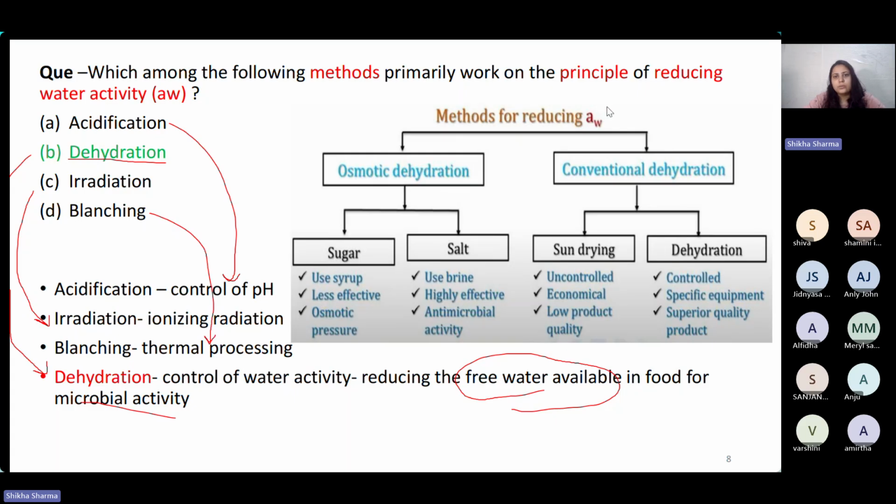There are different methods of reducing the water activity, which include dehydration of two types, osmotic and conventional. Conventional dehydration includes sun drying or normal dehydration, whereas osmotic dehydration includes addition of sugar and salt or brine solution.